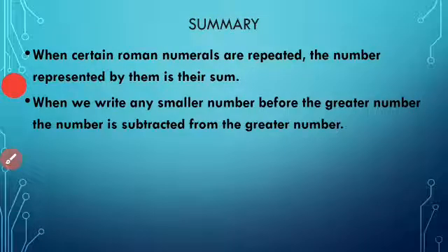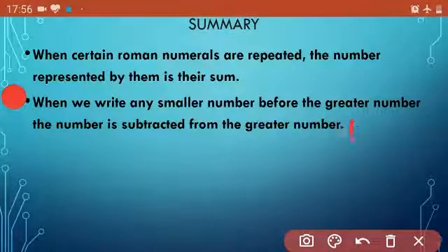Then the second rule, when we write any smaller number before the greater number, the number is subtracted from the greater number. For example, the smaller number is I and the greater number is V. I represents 1.